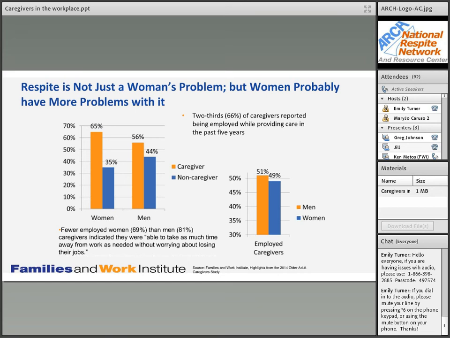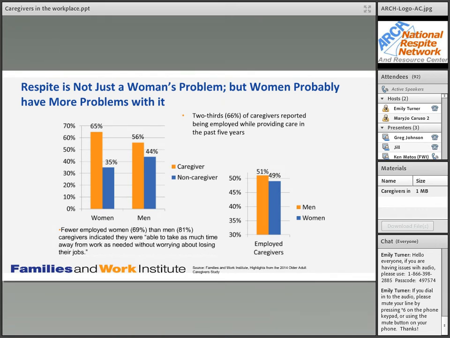So on the one hand, it is a larger experience for women on the whole, but when we look at working caregivers, the difference pretty much evaporates, if not flips, where we have 51% of working caregivers were men and 49% of working caregivers were women. So from an employer perspective, there is no gender difference, even if from a societal perspective, there is one.